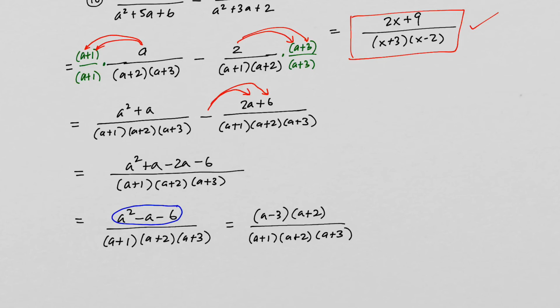And this time you can see this was not a waste of time, because clearly we have a common factor here with the a plus 2. So we can go ahead and cancel that out. And we end up with a minus 3 in the numerator and a plus 1 times a plus 3 in the denominator.